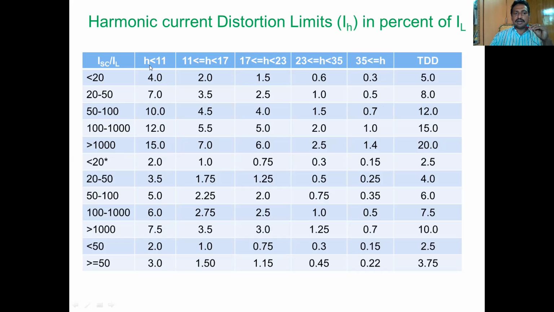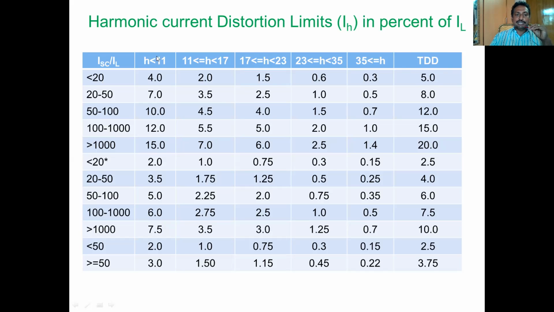One is the number of harmonics, lesser or higher. For higher harmonics, the THD is very less. For lower harmonics, the THD is more. Again, another factor: if ISC by IL is less, the total distortion is also less. If this ISC by IL is more, the total demand distortion is also more.